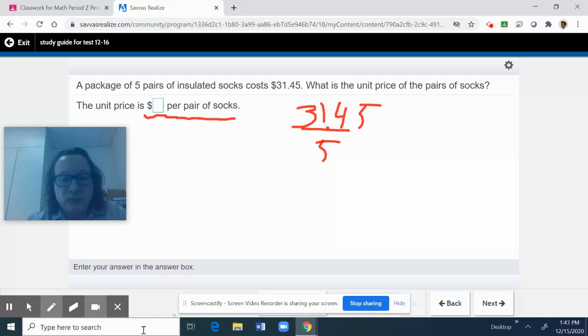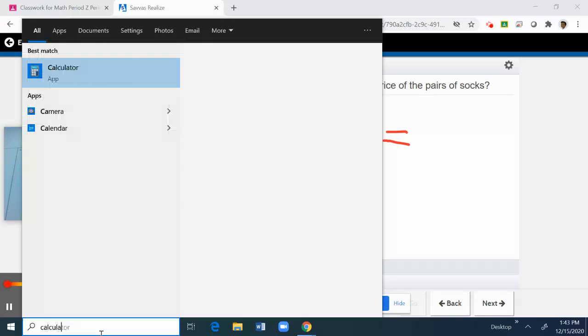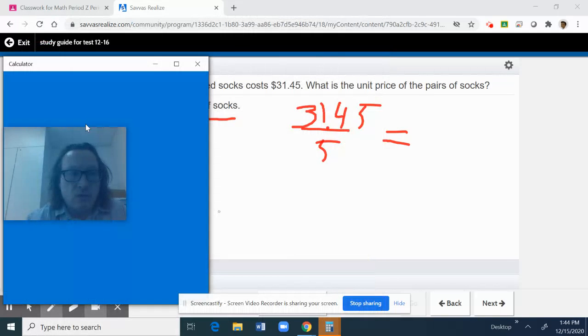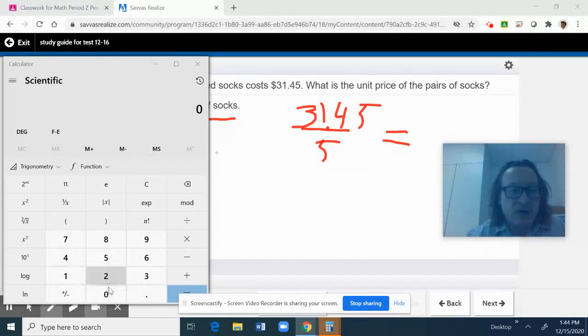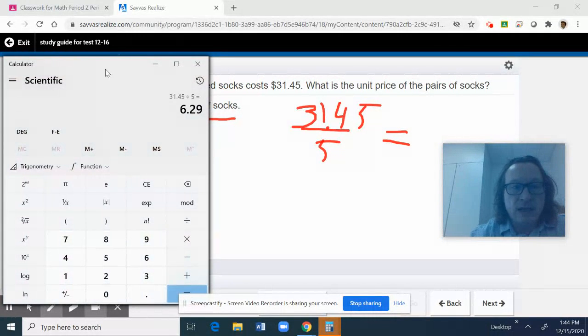So what we're going to do for this one is 31.45 divided by 5. And remember, I'm allowing a calculator for this particular test because there's a lot of division and it's a lot of crazy numbers. So why don't we quickly figure out what 31.45 divided by 5 is, and I got 6.29.